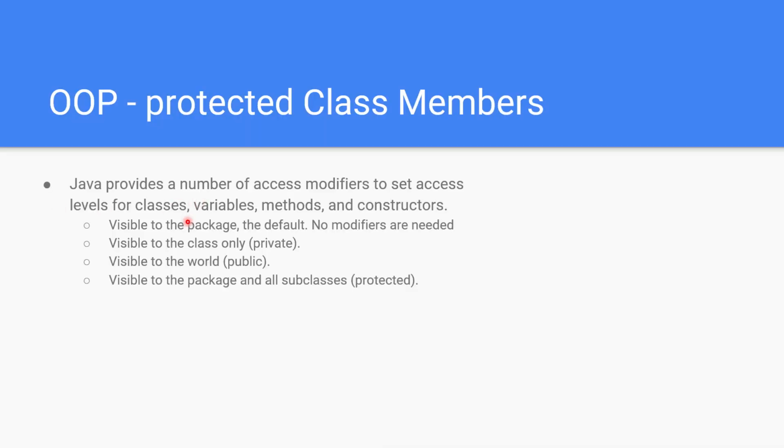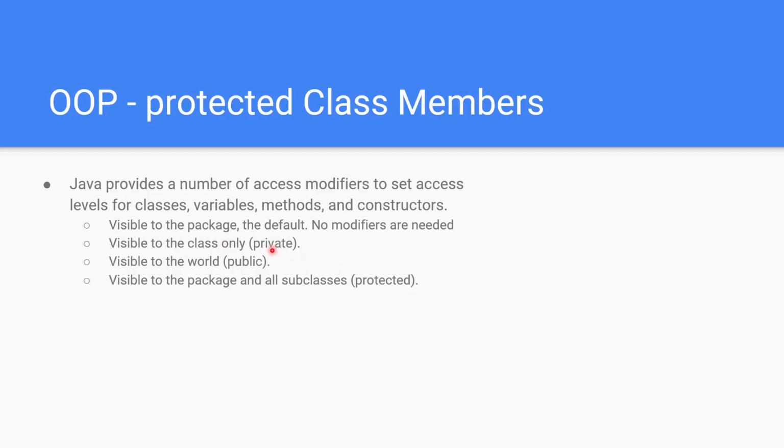So Java provides a number of access modifiers to set access. So it's really setting visibility. So we're looking at visibility levels for classes, variables, methods, and constructors. Visible to the package is the default; no modifiers are needed. Visible to the class only is private.